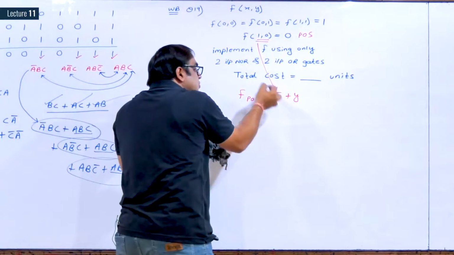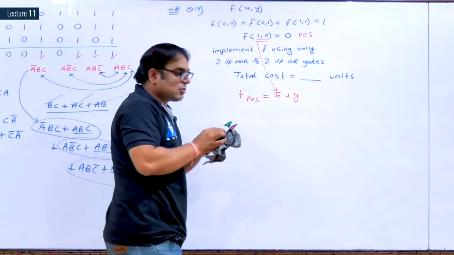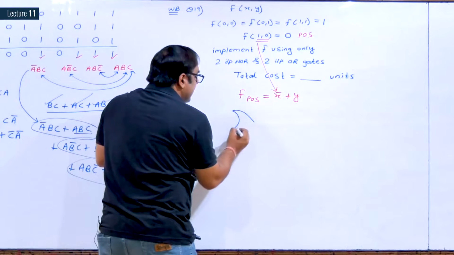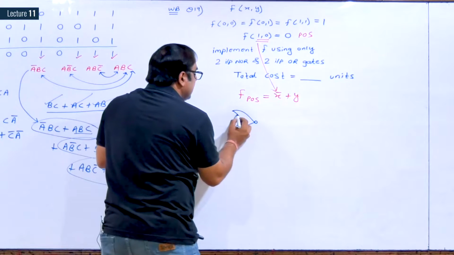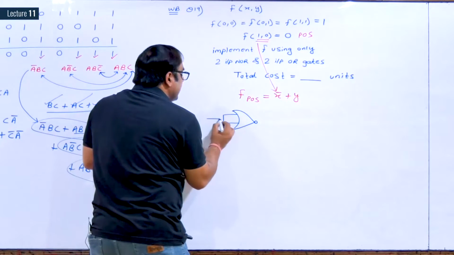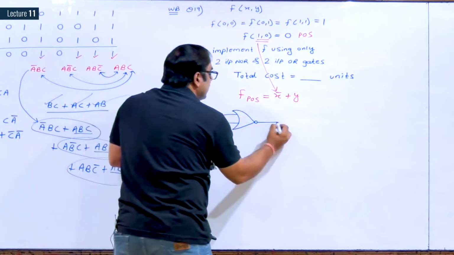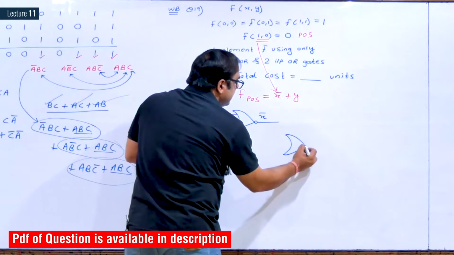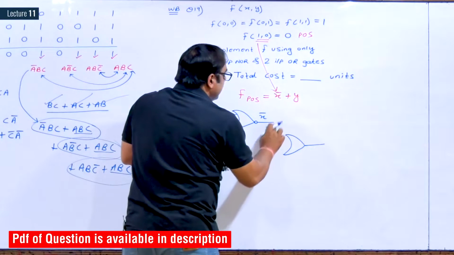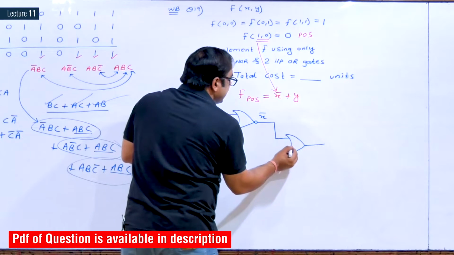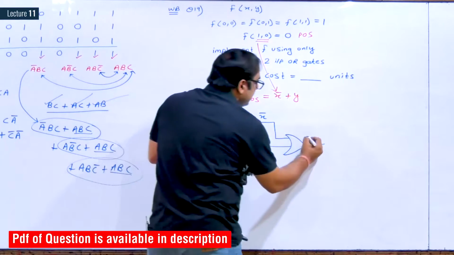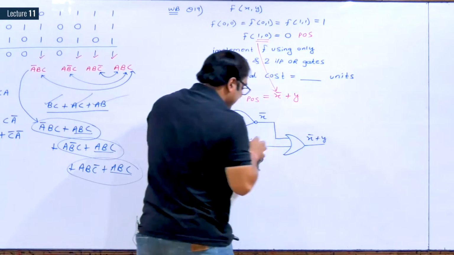And it is very easy to implement x complement plus y. 1 NOR gate is required to convert x to x complement, and then 1 OR gate is required to add it. So this will give you x complement plus y.